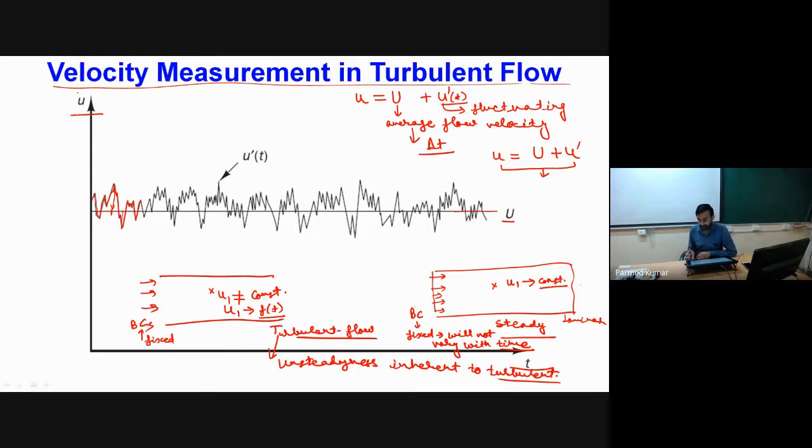So all variables we have to write as the sum of a mean component and a fluctuating component. This decomposition of our actual field variable is known as Reynolds decomposition, and it is very, very important while deriving the governing equations involving turbulence. Okay, till this point everything is clear to all?